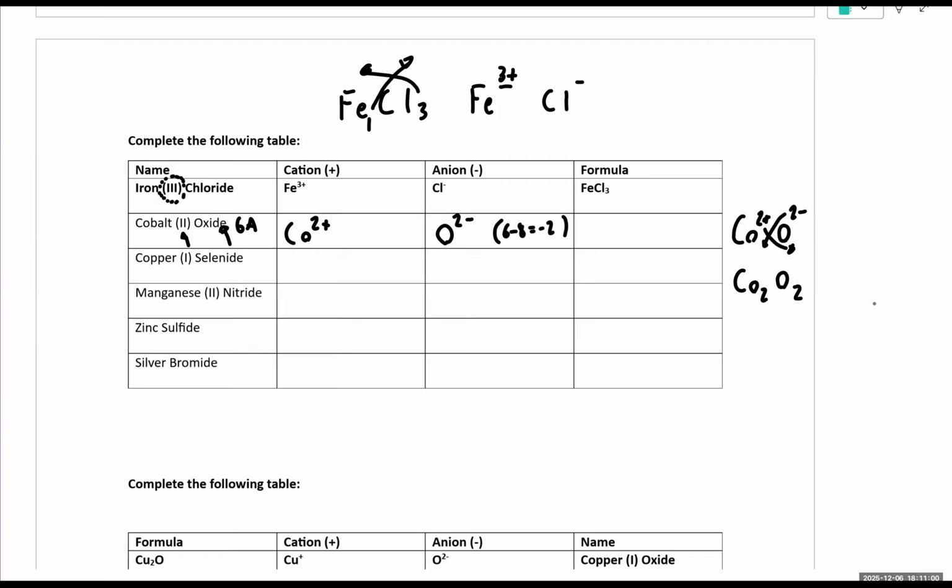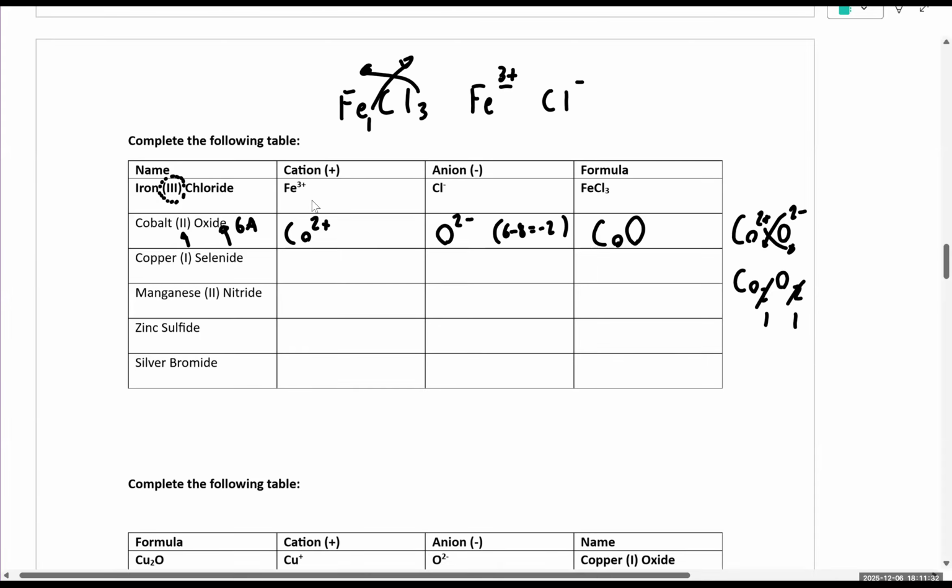As a last step, we want the simplest ratio. So this 2 to 2 ratio simplifies to 1 to 1, and that gives us a formula of CoO for cobalt oxide. So again, you write out each ion, you write their charges, you cross the charge into the subscript, and then you simplify this ratio of atoms to the simplest whole number ratio, which means no fractions, no decimals.